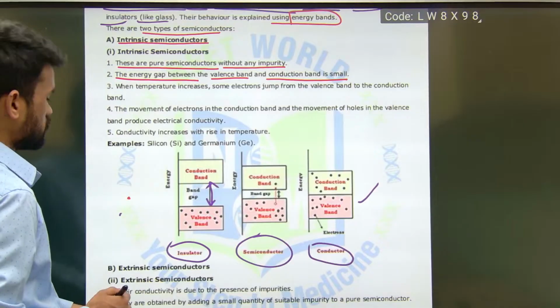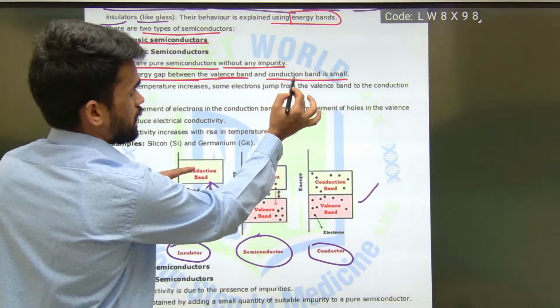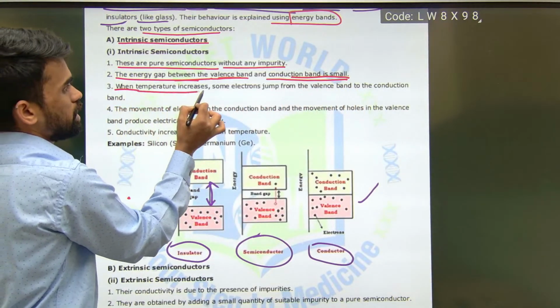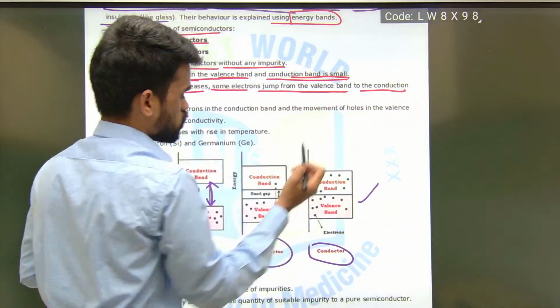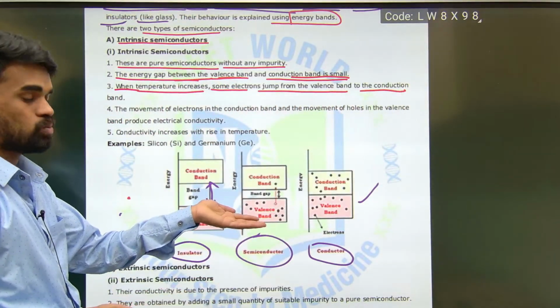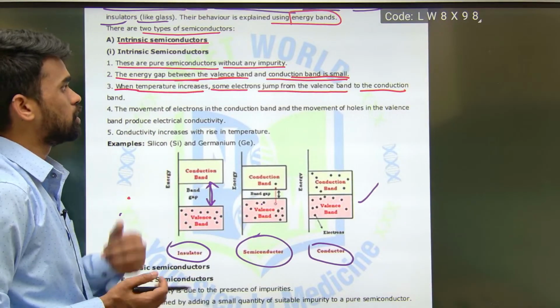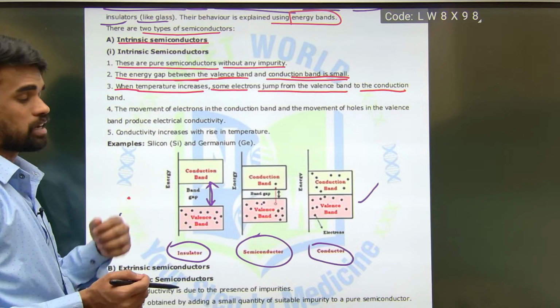So the energy gap between valency band and conduction band is small. When temperature increases, some electrons jump from the valency band to the conduction band, and that's how electricity passes and they act as conductors.